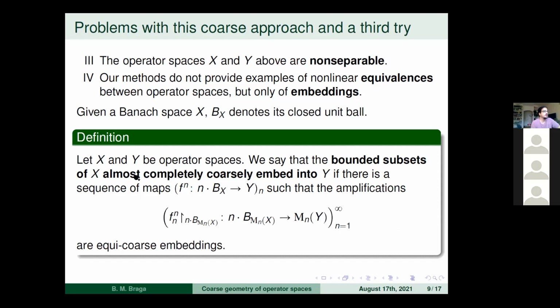So now I'm not talking about an almost complete coarse embedding anymore, but an almost complete coarse embedding of bounded subsets. Given operator spaces X and Y, we say that the bounded subsets of X almost completely coarsely embed into Y if you have a sequence of maps, not from the entire X, just from those balls into Y, and you want those amplifications to be equicoarse embeddings.